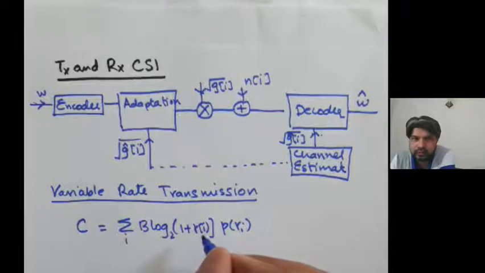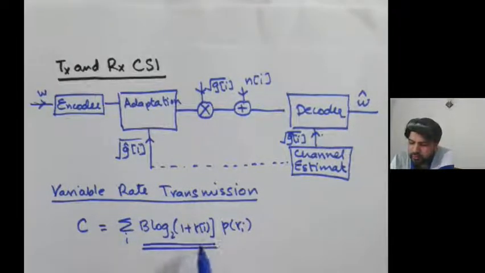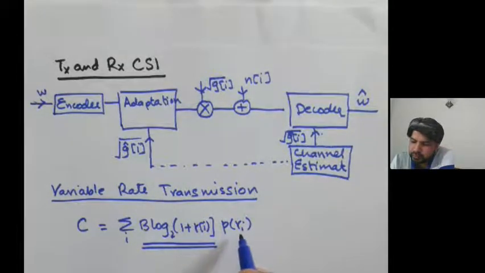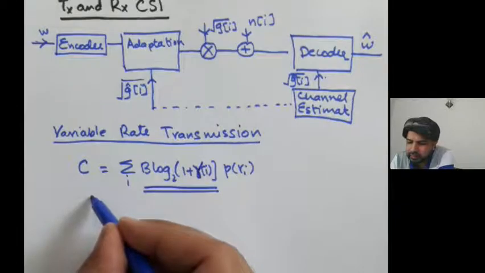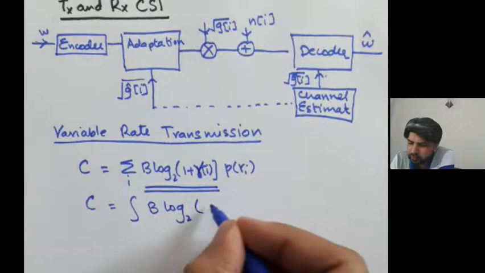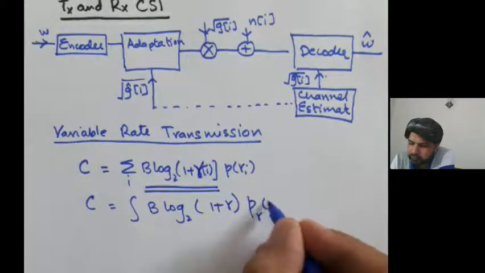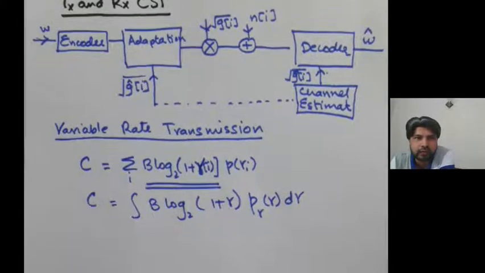Please note this capacity equation can be thought of as maintaining a rate B log base 2 of 1 plus gamma I when the channel is in the state gamma I. Or in the continuous domain, you can write this as C equals the integral of B log base 2 of 1 plus gamma, times P of gamma, d gamma, which is very similar to the ergodic capacity equation we got in the first place when we only had the receiver CSI.